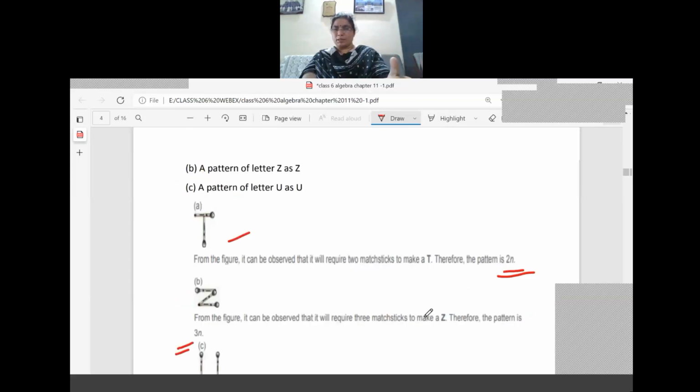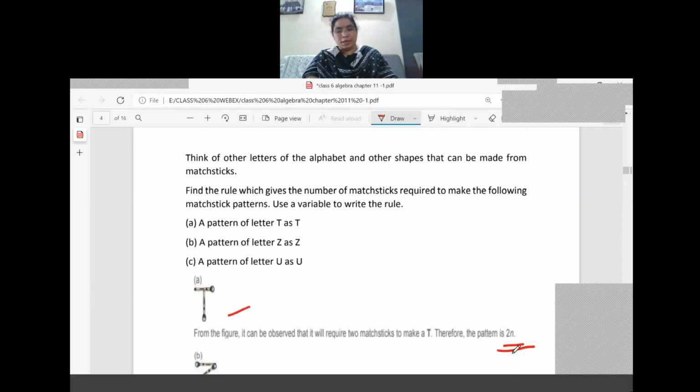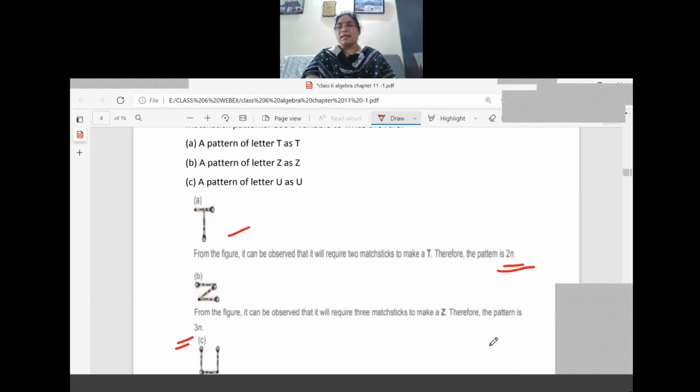I repeat from the beginning. What is the first case we have learned? We are finding a common rule for making a pattern. What is the rule we made for making a pattern of T? When we are using T, we use two matches. So the pattern became 2n. When we go for Z, the pattern became 3n.